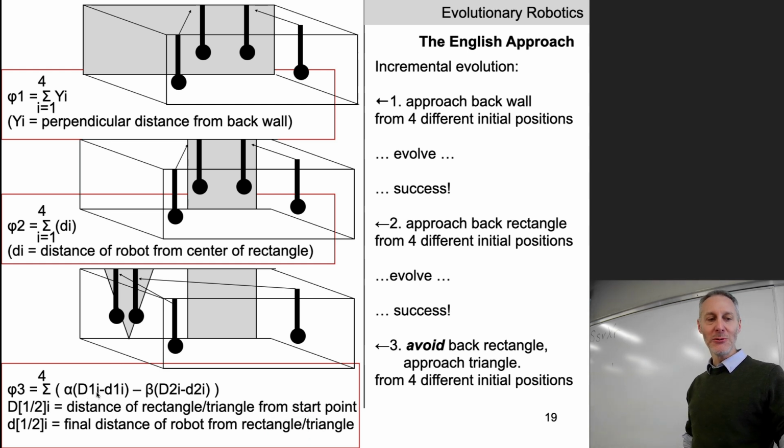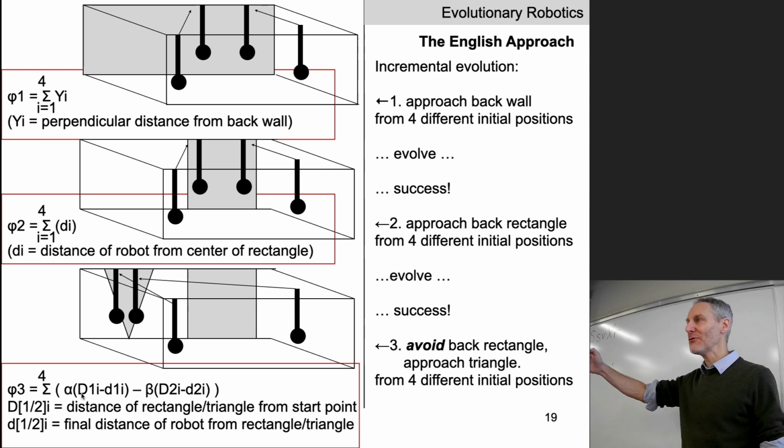Okay, so D1I, uppercase D1I, distance of the rectangle from the start point. Okay, so they're normalizing here. When the robot starts at an initial position, uppercase D, they want to see the difference. So the robot starts this distance away from the rectangle, and the robot ends this distance away from the rectangle.